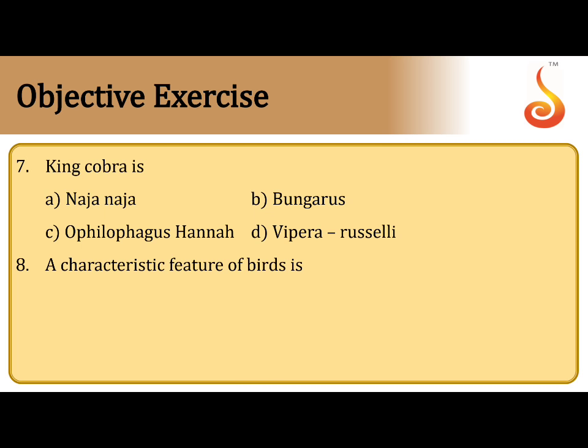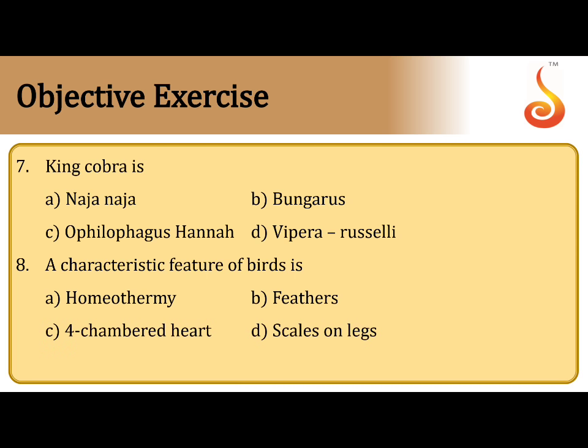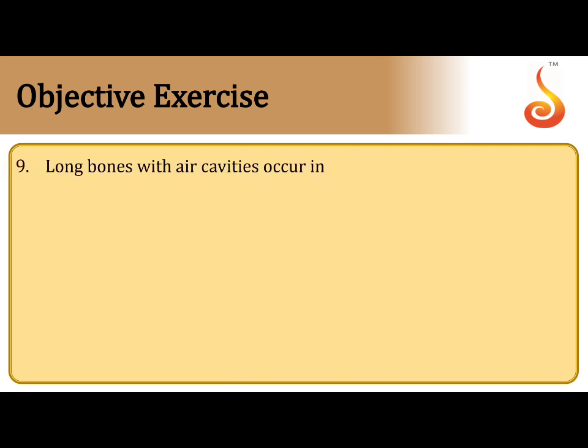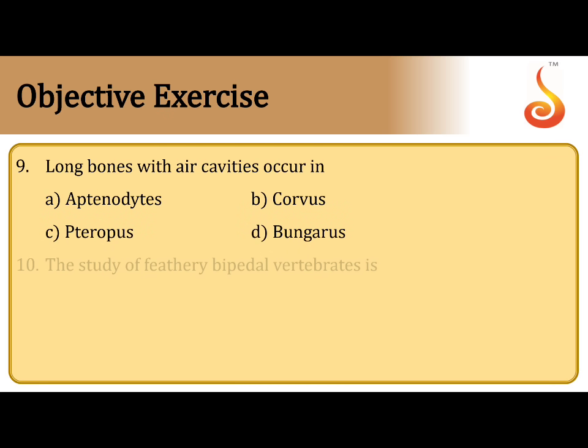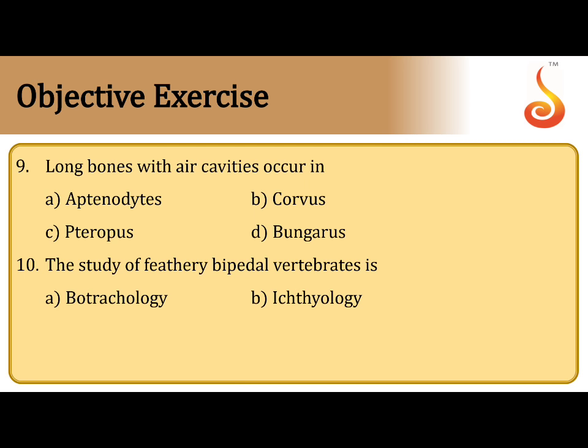A characteristic feature of birds is homeothermy, feathers, four-chambered heart, scales on legs. Long bones with air cavity occur in Aptenodytes, Corvus, Pteropus, Bungarus. The study of feathery bipedal vertebrates is bothrology, ichthyology, ornithology, keratology.